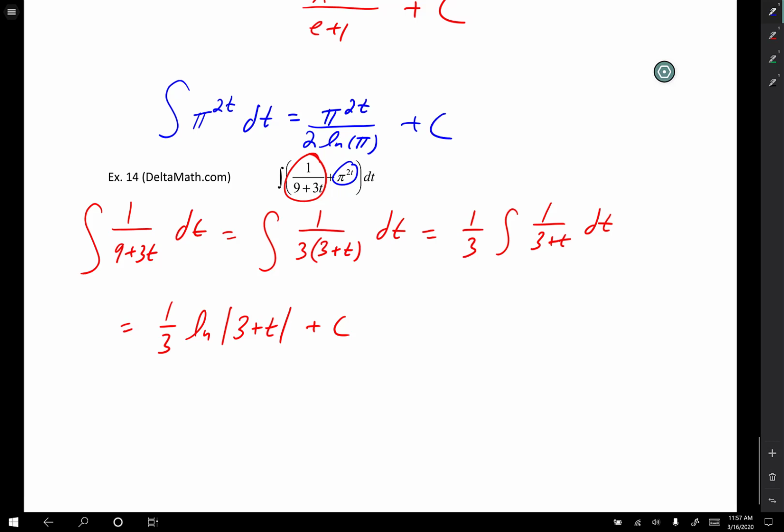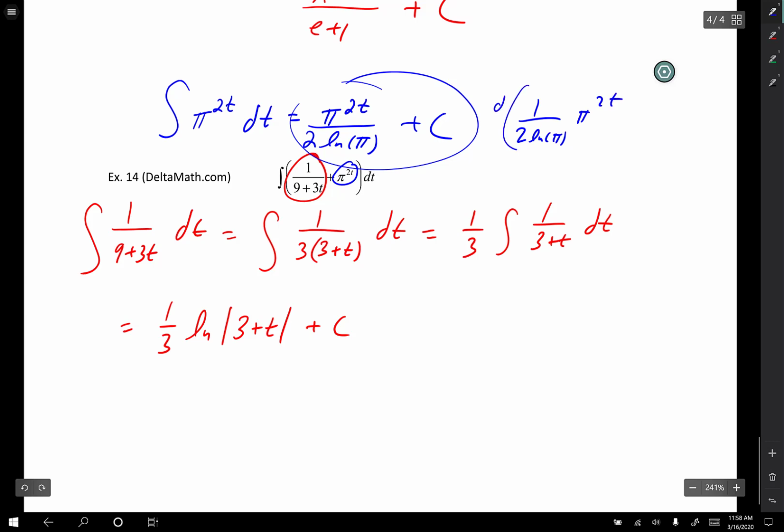And if you want to check it, if I were to take the derivative of this guy, let me put everything that's a constant here: 1 over 2 ln of pi times pi to the 2t. This is on the side, d/dt. So let's see, leave the constant alone, 1 over 2 ln of pi, and then times pi to the 2t, ln of pi times 2.